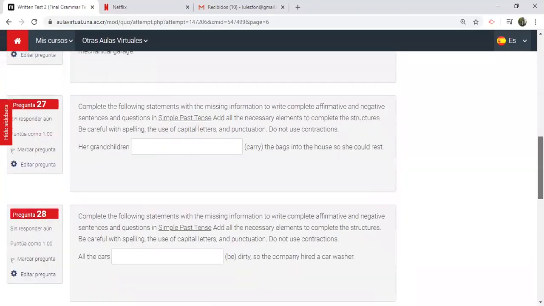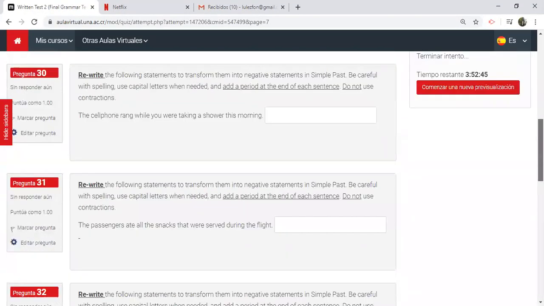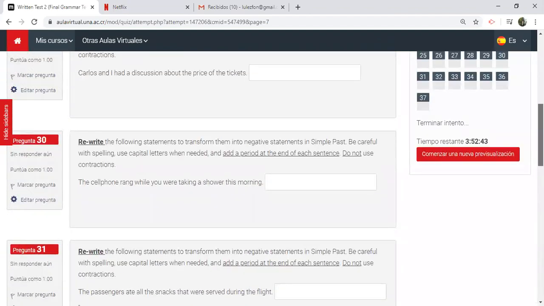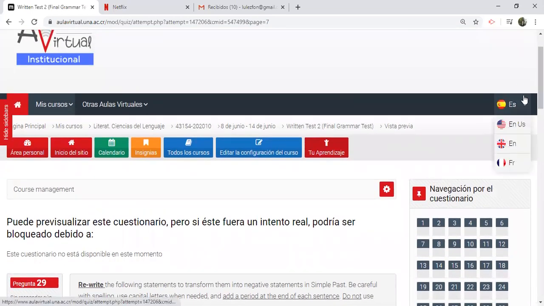Again, here we have specific instructions for each topic. Here it says, for example, rewrite. Rewrite means that you have to write again the complete sentence. I'm giving you a complete sentence and you have to write that sentence again including the things that I'm asking you. For example, rewrite the following statements to transform them into negative statements in simple past.